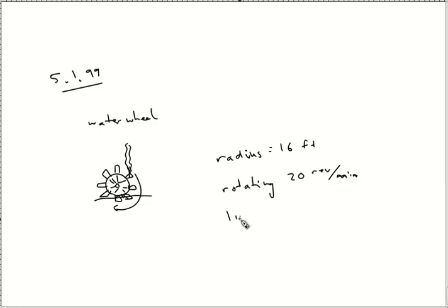And it says, what's the linear speed? What they mean by linear speed is how fast is it traveling at the tip here? They're going to want it in feet per minute, essentially, because we talk about feet and minutes here. Because it's on the tip, we're talking about arc length, S equals R theta.